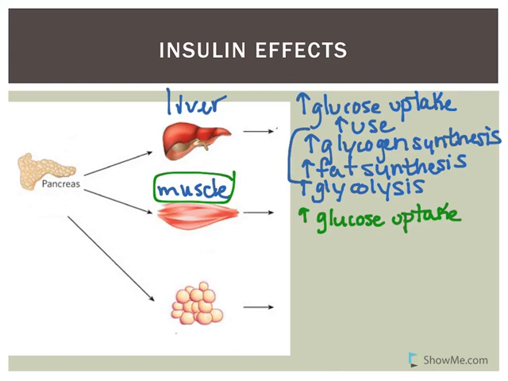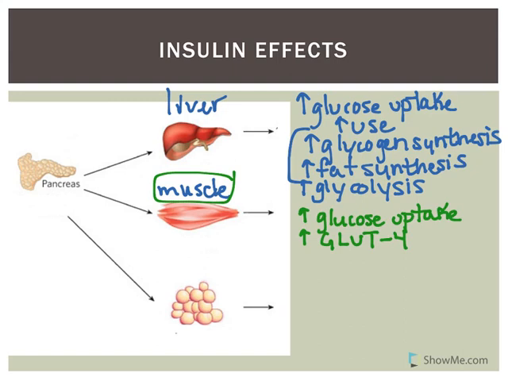In muscle, we have what we refer to as GLUT4 transporters. And insulin will increase the number of GLUT4 transporters. What these transporters do is transport this hydrophilic substance, such as glucose, across the membrane. So if we have more of these transporters, we can increase the glucose uptake.